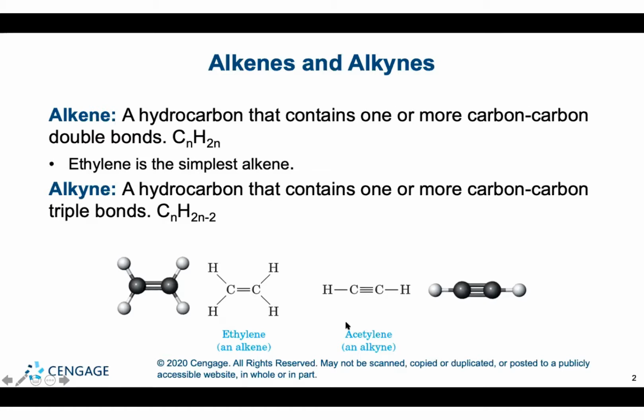It has a triple bond between carbon and carbon, and an example is acetylene, which is the common name for ethyne. The chemical formula for it is C2H2, and if you follow this rule, you can realize that this is going to be an alkyne when we have C2H2.